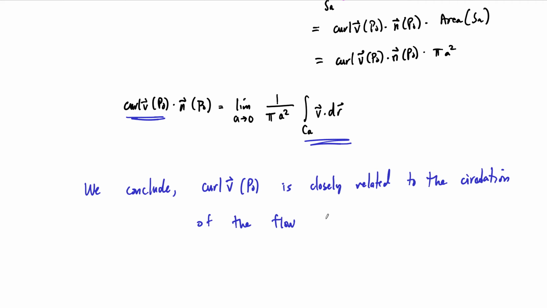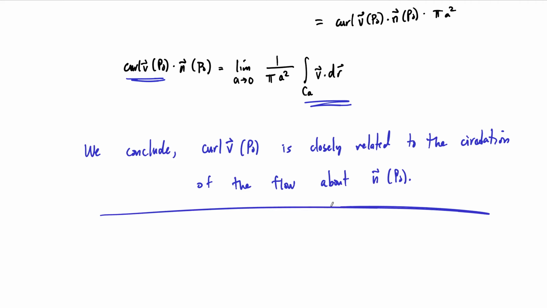It measures the circulation of the flow about the normal vector n at p naught for each point p naught. And so this is the reason for considering the curl to measure rotations of the flow. In some sense, it's a circulation. So it measures the circulation of the flow at every point, or you can think of that as rotations of the fluid as the fluid flows.